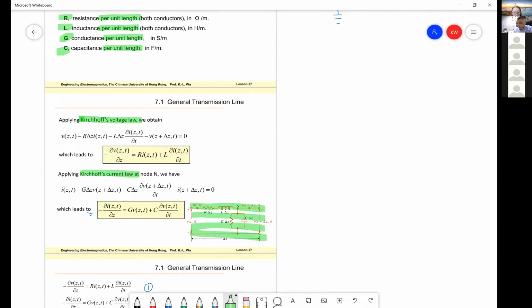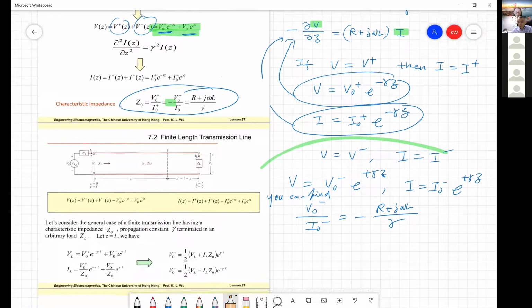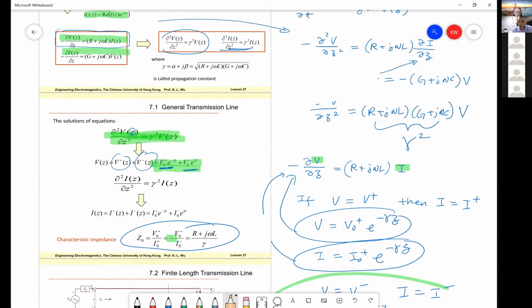This is the basic thing I require. Only this slide: if you have this slide, you have everything. The transmission line story starts from here. It takes you less than 5 minutes to derive all these relations, up to this page. So this is a general transmission line description for communication in frequency domain analysis.